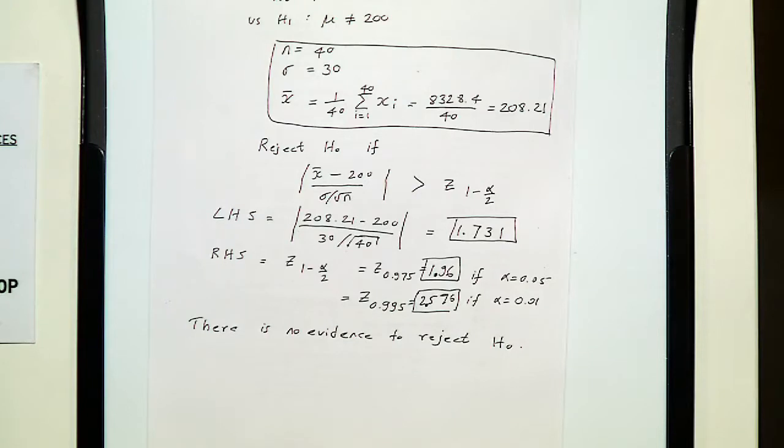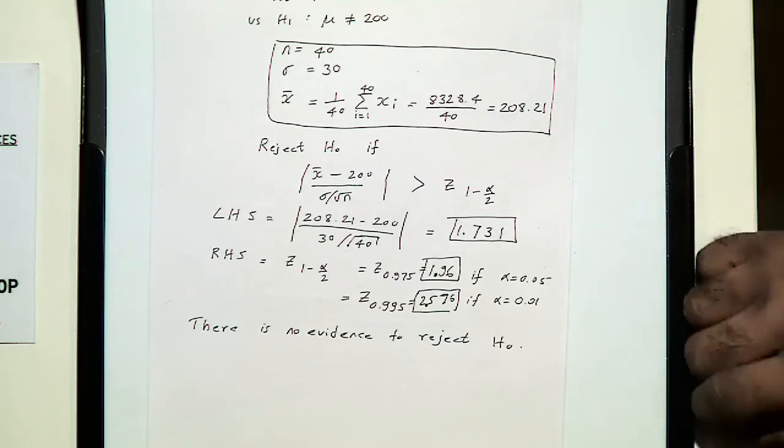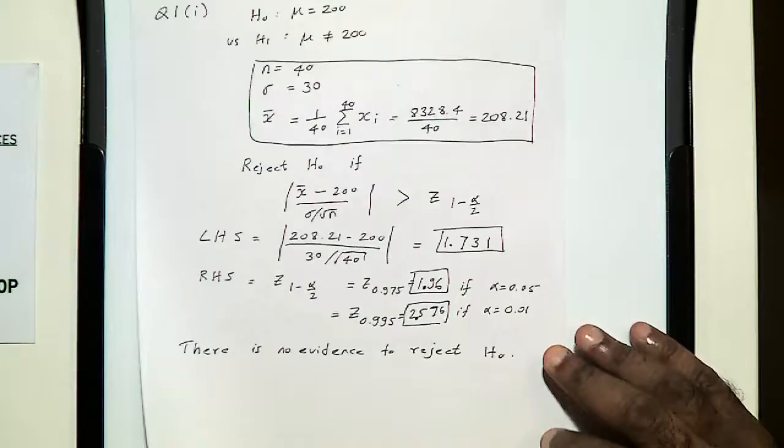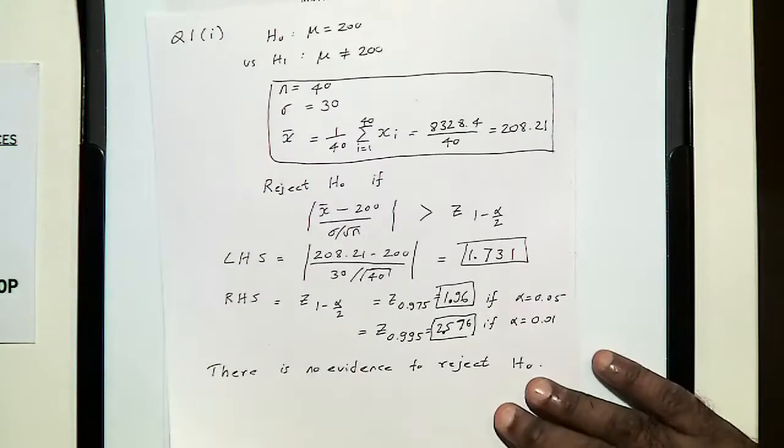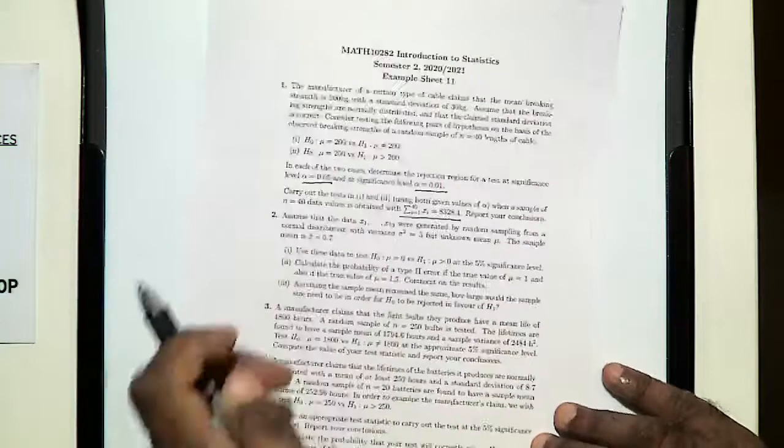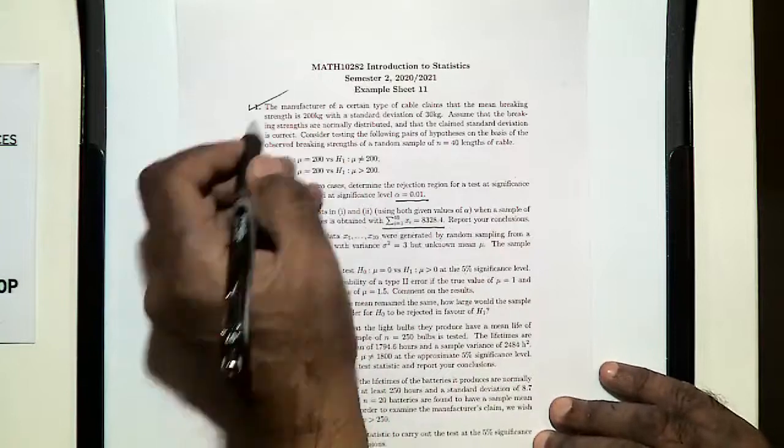Is that clear, guys? It doesn't matter whether alpha is 0.01 or alpha is 0.05. In either case, there is no evidence to reject the null hypothesis. So that's part one. Part two is similar, so I'm not going to do it. So we're done with question one basically.